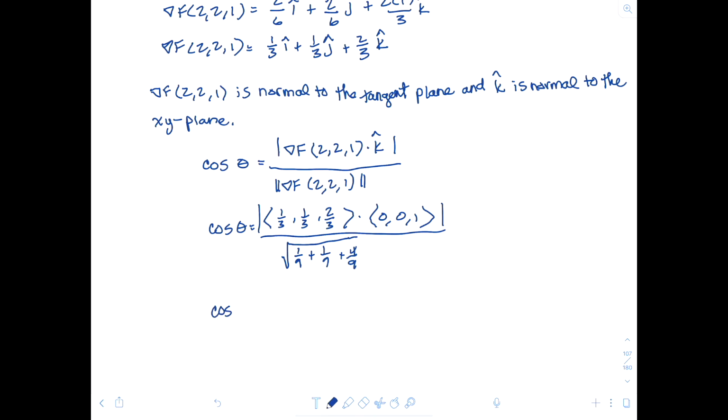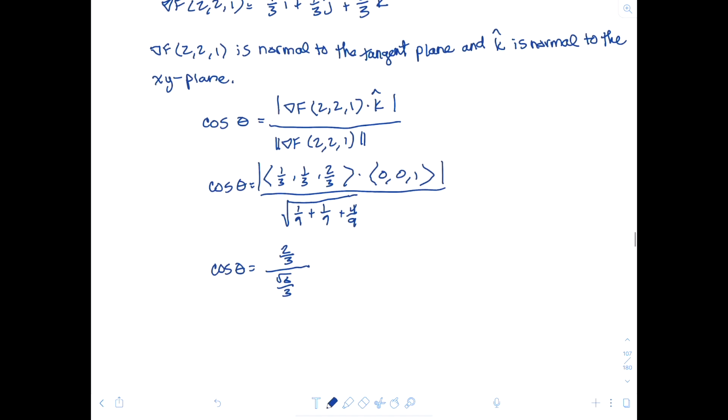So cosine theta will be equal to 2/3 over root 6 over 3. And then cosine theta will be equal to 2 over root 6.